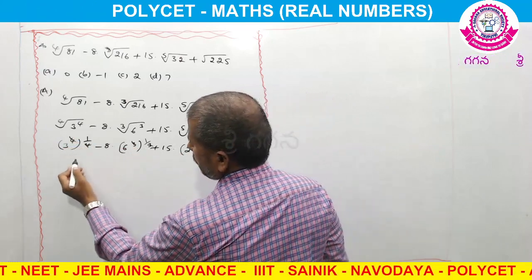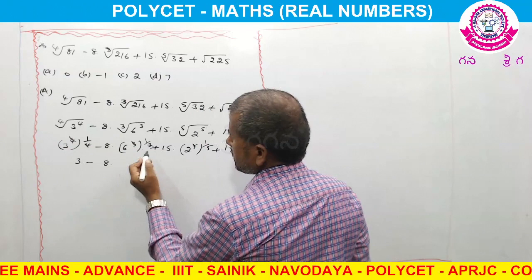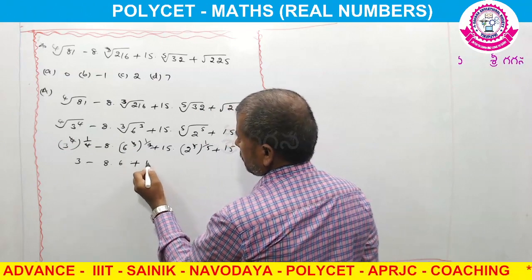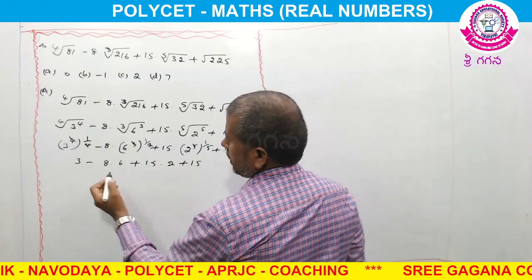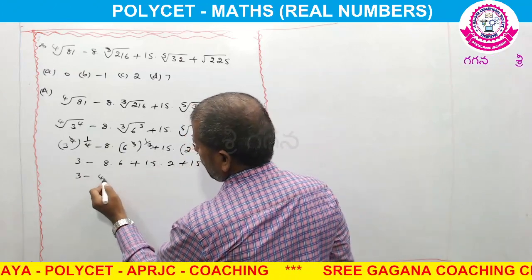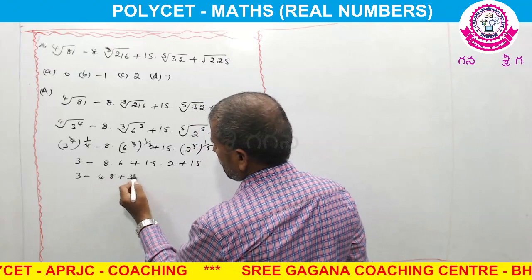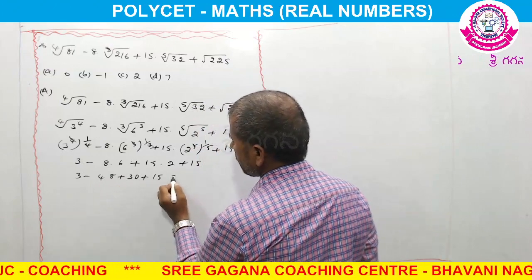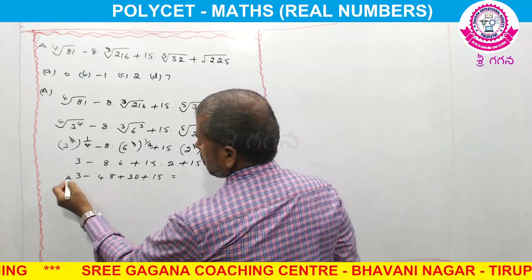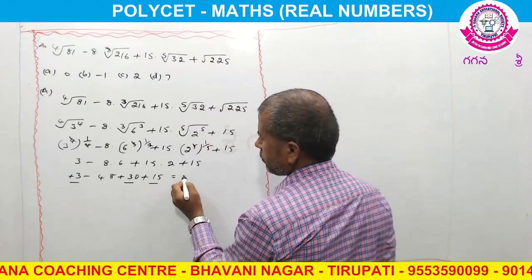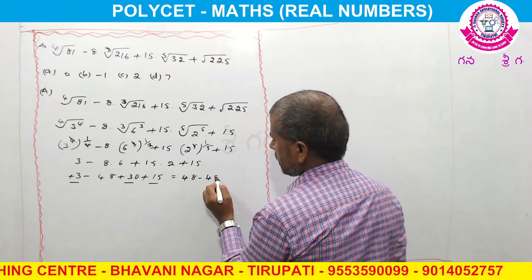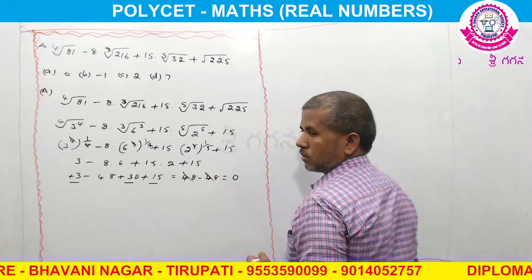We get 3 power 1, which means 3, 8 into 6 power 1, which means 6, plus 15 into 2 power 1, which means 2, plus 15. Next, 3 minus 8 6s are 48, 15 2s are 30 plus 15. All the plus values are added. So 3 plus 30 is 33, 33 plus 15 is 48. 48 minus 48 cancel and we get 0.